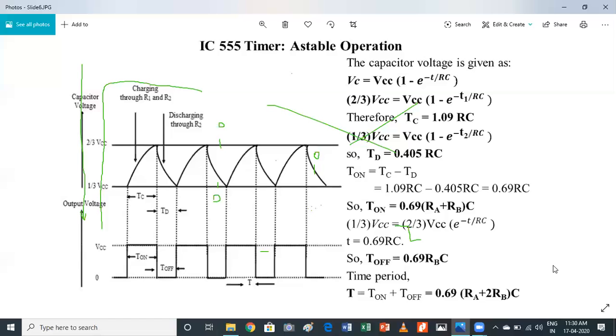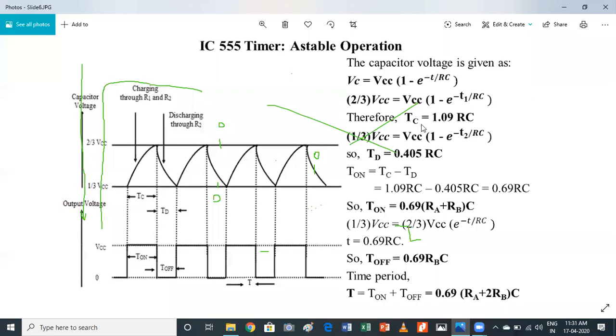We are running out of time. So see, the capacitor voltage VC is equal to VCC times (1 minus e to the power minus t by RC), and from this we can get the charging time.